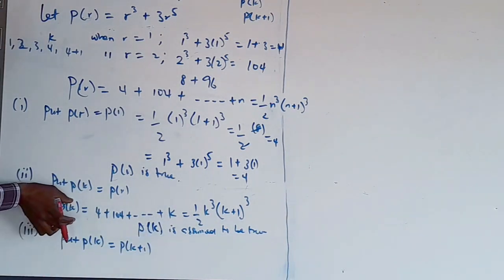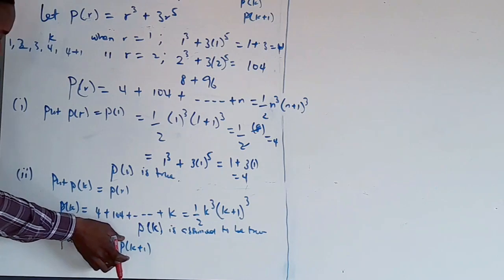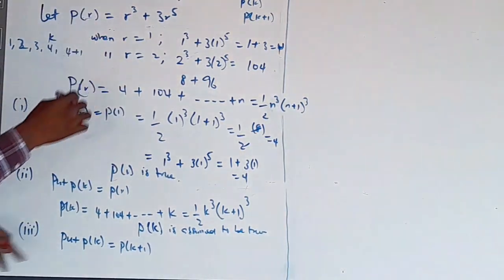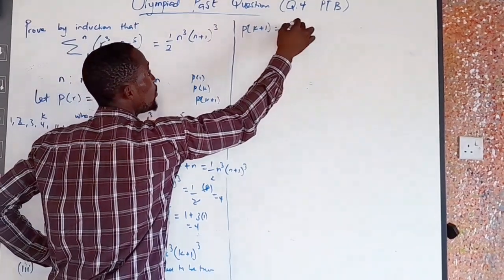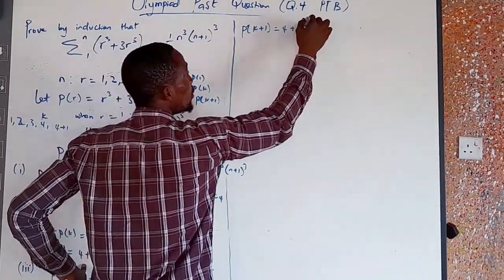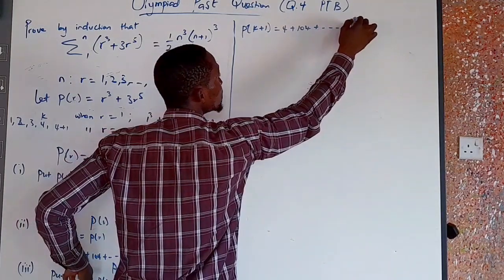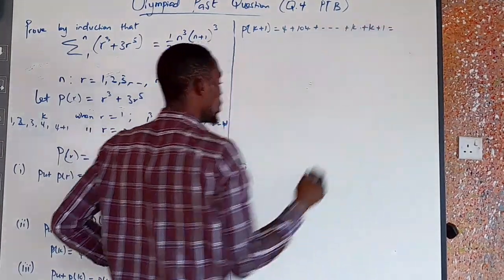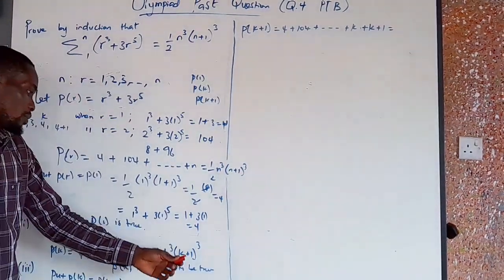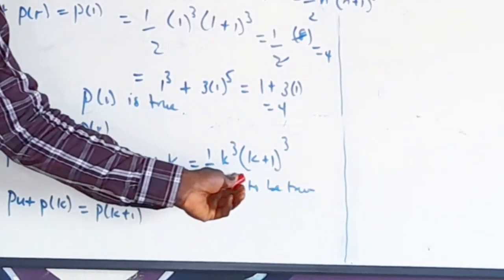Now from this point, P of k, let's represent P of k plus 1, which now becomes 4 plus 104 plus and so on plus k plus k plus 1. All equals to, in this case now, I have a value with respect to k.